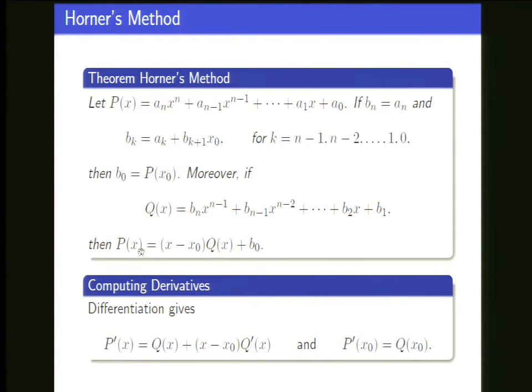You could, of course, just differentiate and say 5x to the 4 minus 8x cubed, etc., right? And apply. It's just a polynomial. But it comes almost easier out of this for free, because if you look at p of x, it's this linear factor times q plus a constant. So if you differentiate that, you really just get q plus the linear factor times the q prime.